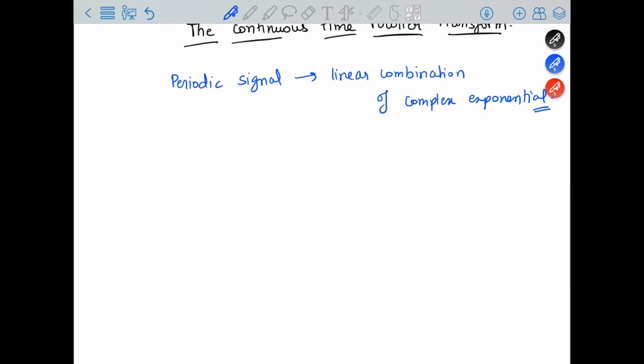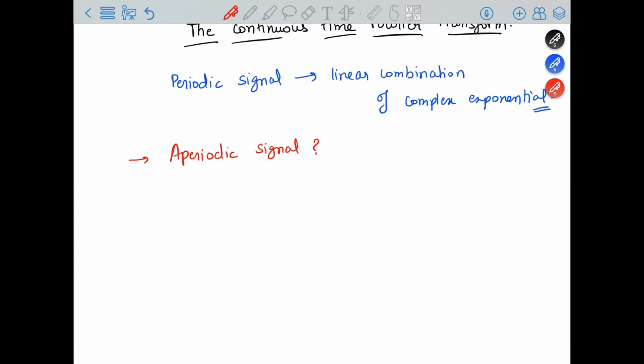And so how to represent an aperiodic signal? The question arises here that we have a representation of a periodic signal in terms of combinations of complex exponentials, then how can we represent an aperiodic signal? So in this lecture we will try to address this issue.